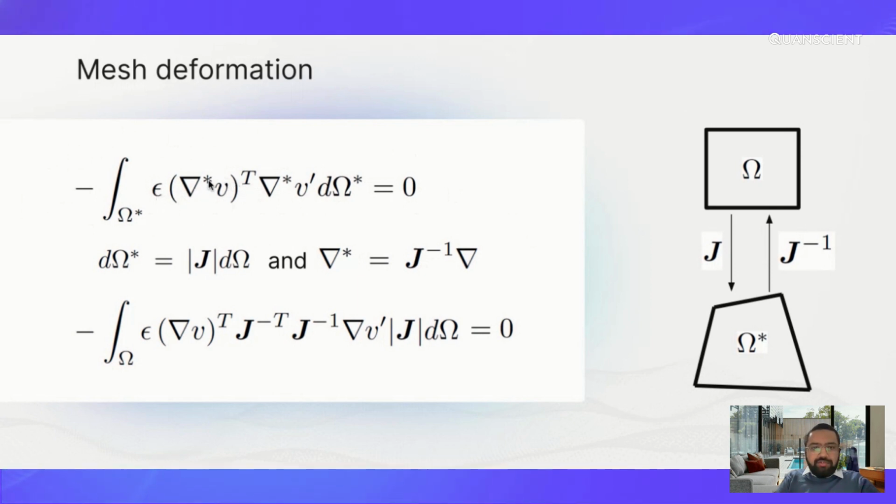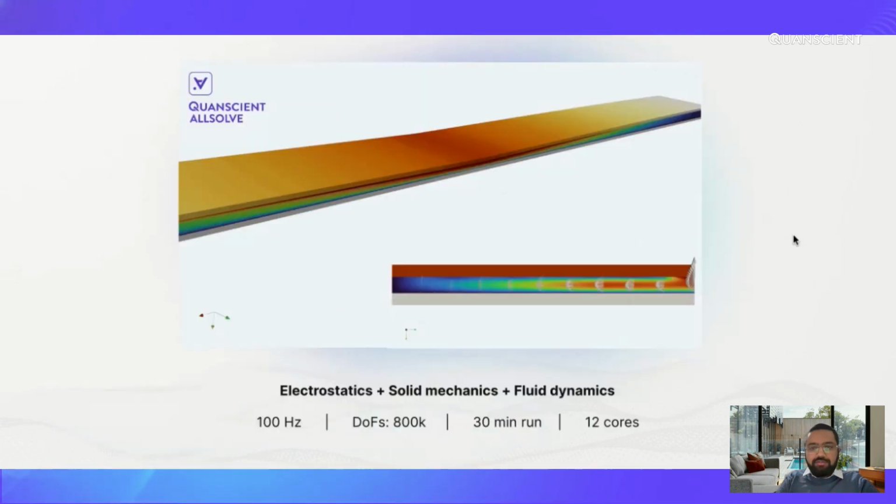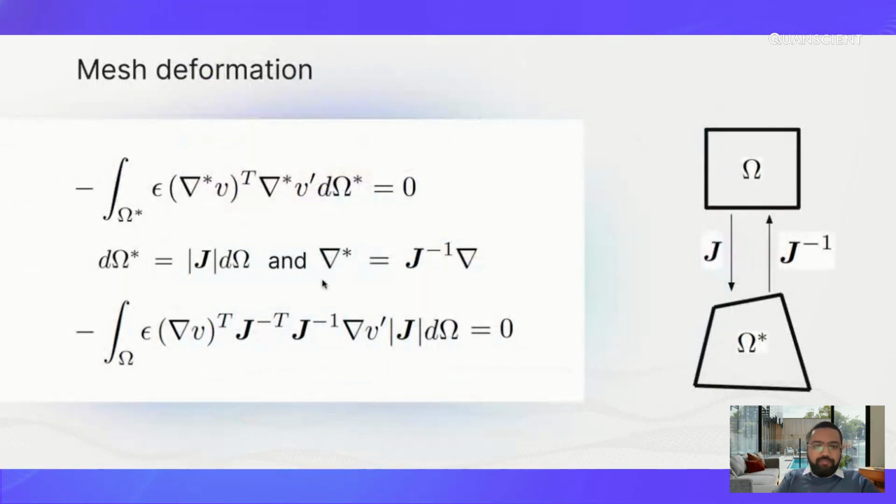And you can see the star, which means that this is on the deformed domain, as you can see on the right hand side, and we have to bring it to the undeformed domain by using some Jacobian transformation. So as you can see here, going from the undeformed domain to the deformed domain, we have to use a Jacobian transformation, and the inverse is also shown here.